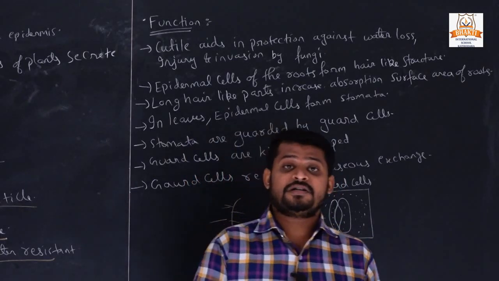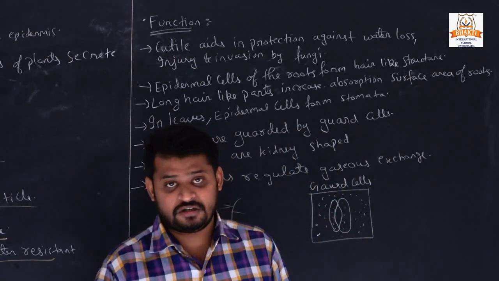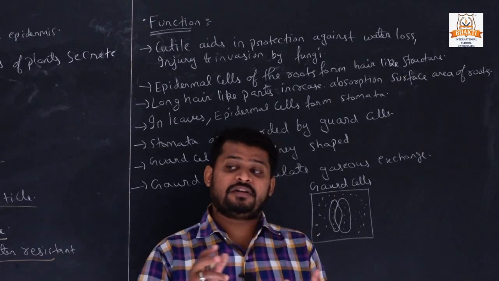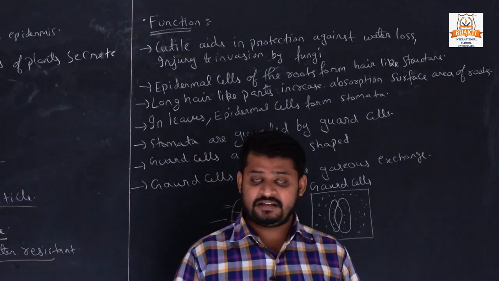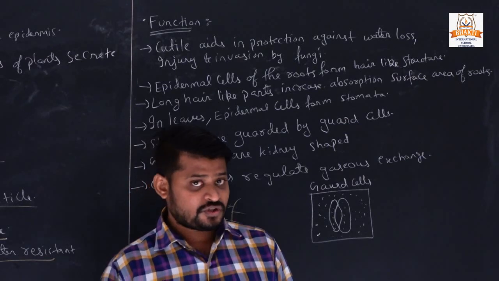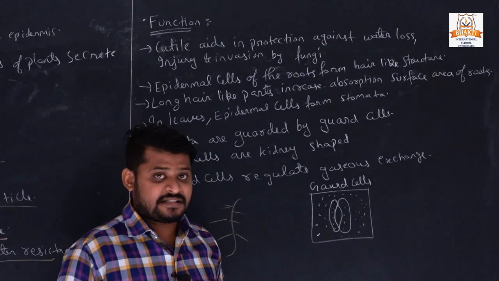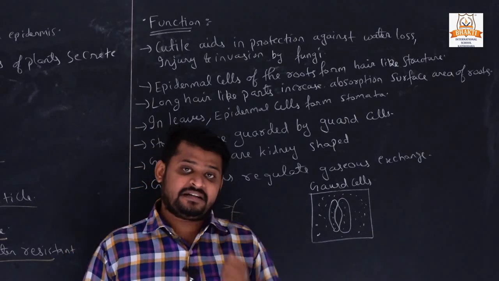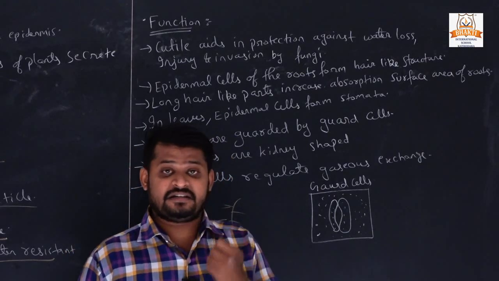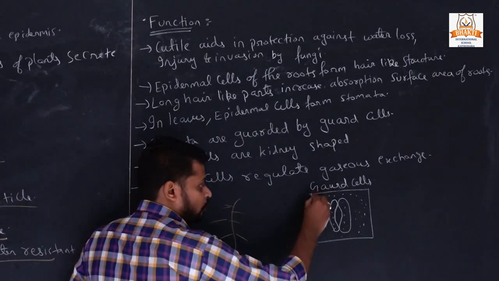Because cutin protects the plant from water loss. If all over the plant there are waxy materials, how will they exchange gases? So what happens is, at some places cutin does not appear. At those places stomata are found.